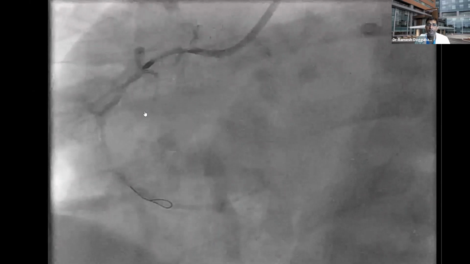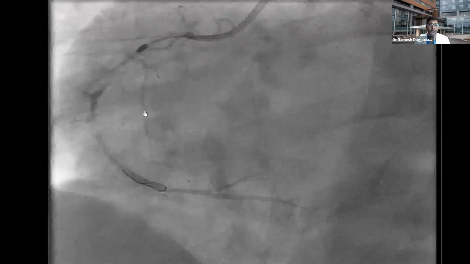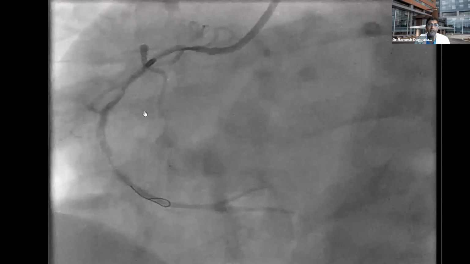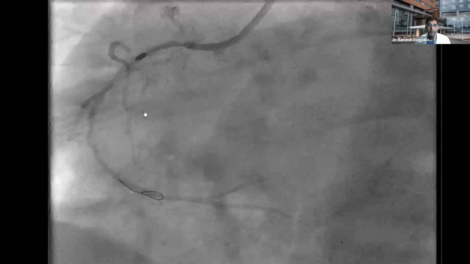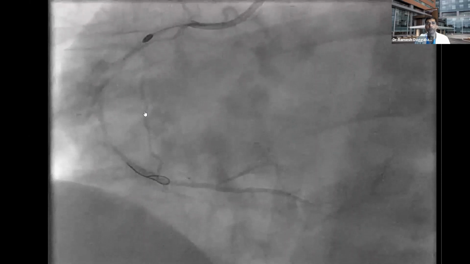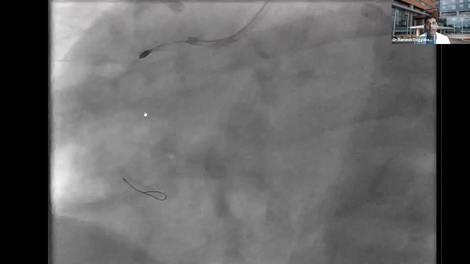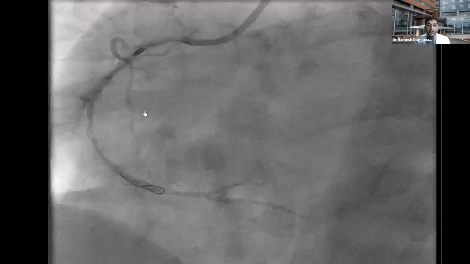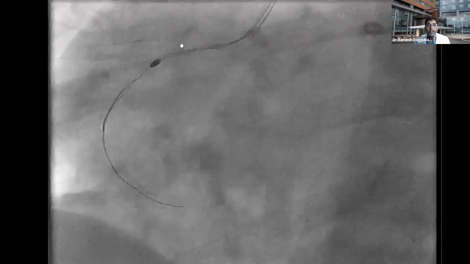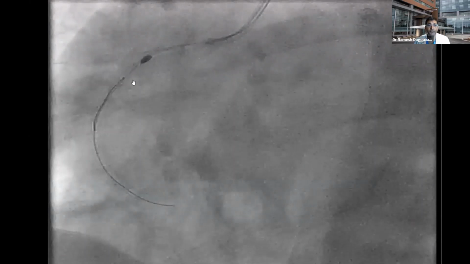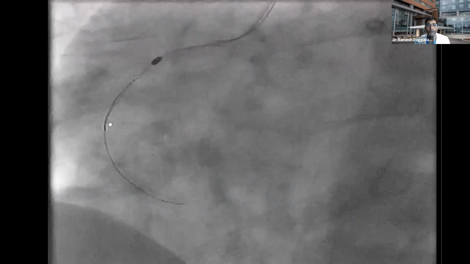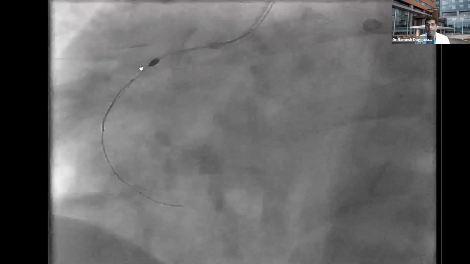So these are, as I said again, large burr to artery ratio, trying to advance the rotor forcefully, and doing longer runs, all of which actually increase the risk of a stuck rotablator. So this was stuck. So what do we do normally? I advanced another wire, I think this was initially a BMW wire, next to it, and I tried passing another balloon and trying to pull it back, dislodge it.